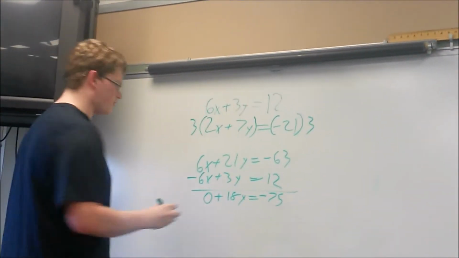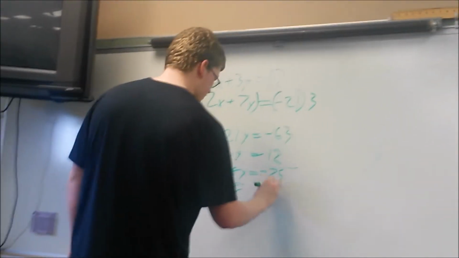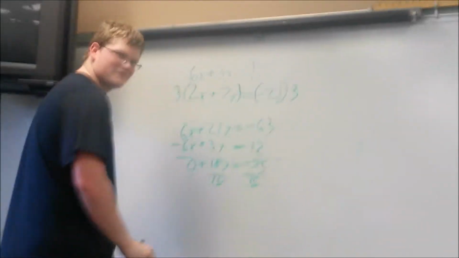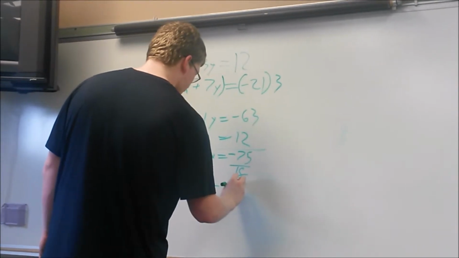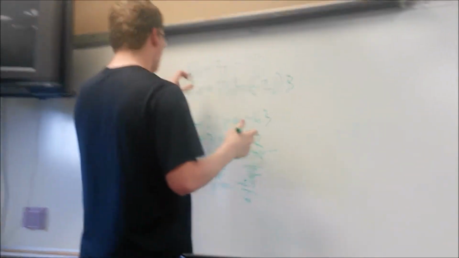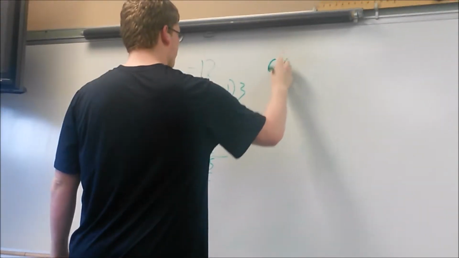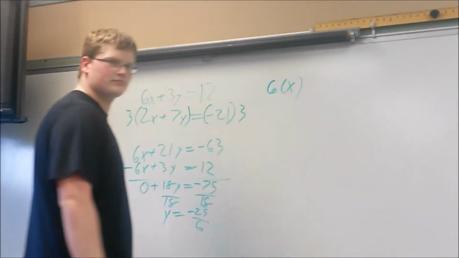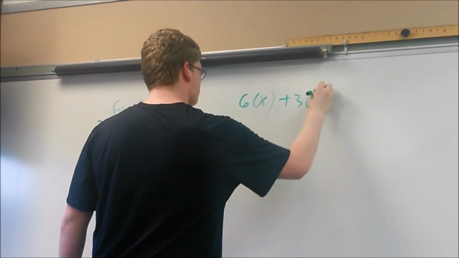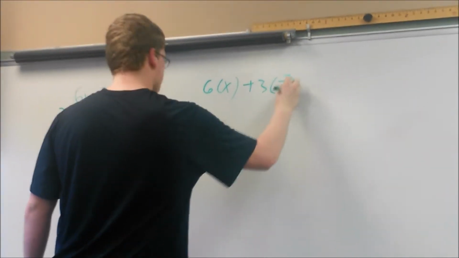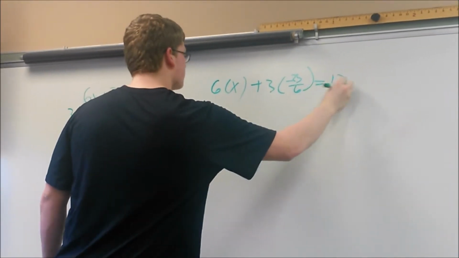And you get to solve for y. You divide by 18 and you get y equal to negative 25 over 6. We're going to plug y back into the top equation, and we're going to have 6x plus 3 times negative 25 over 6 equals 12.